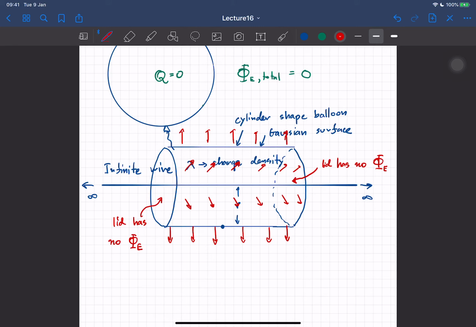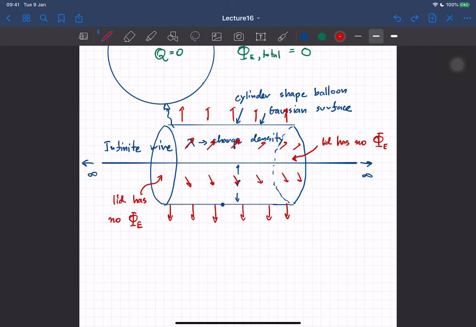The only non-zero flux is going through the wall of the cylinder, because the electric field and the area along the wall point in the same direction.